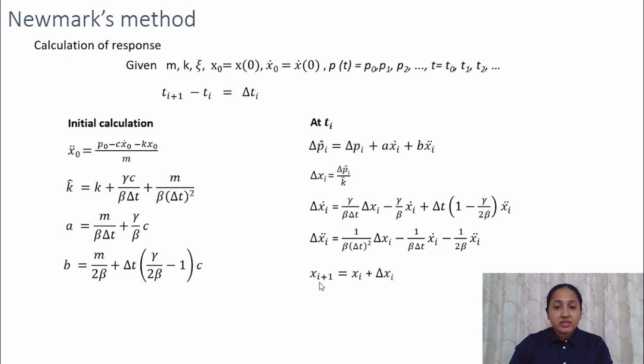So the displacement at i plus 1 is equal to displacement at i plus delta xi. Similarly, we can calculate the velocity and the acceleration at the next instant, the i plus 1 instant.